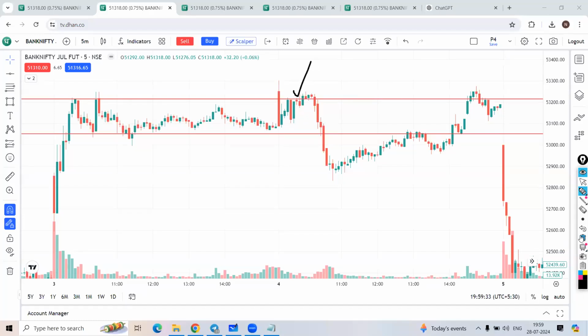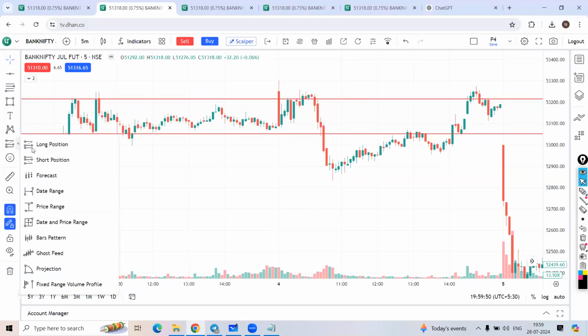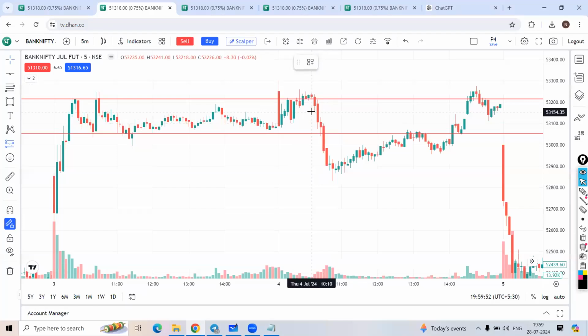Bulls are not taking support. What is happening? Struggling, reversing back down. Candle forming a bearish candle closing below the previous candle's low. Fine enough. Simple, straightforward deal.